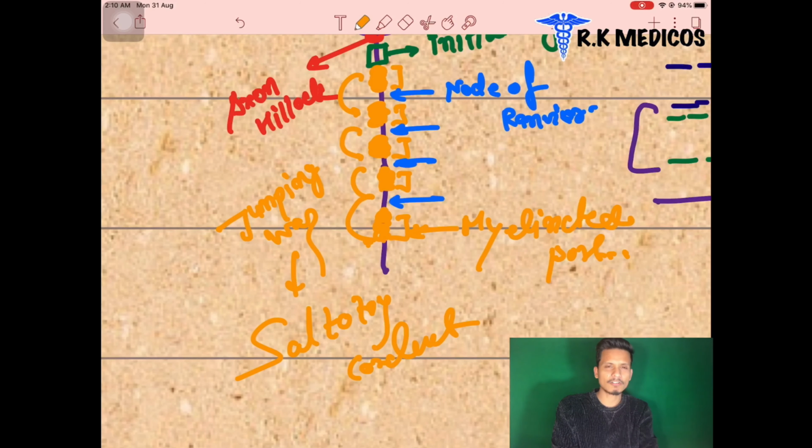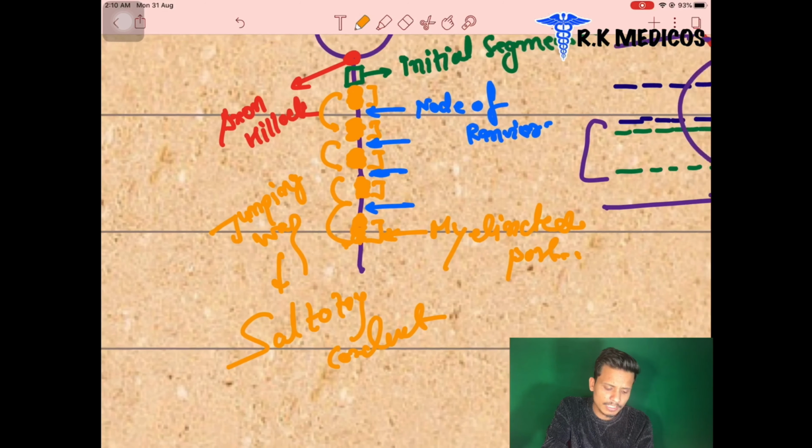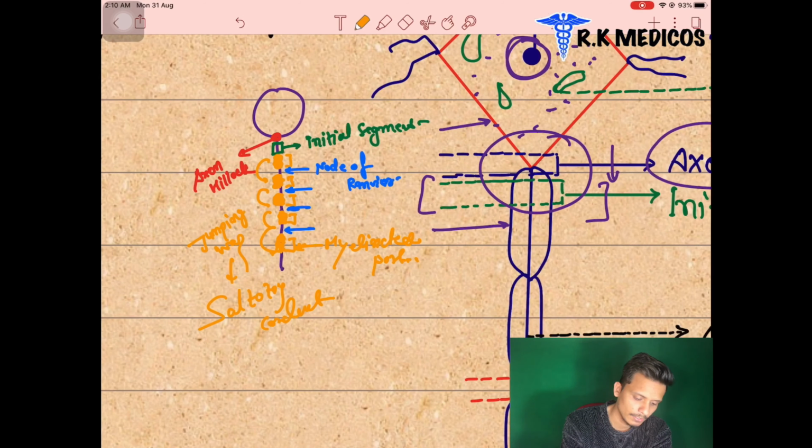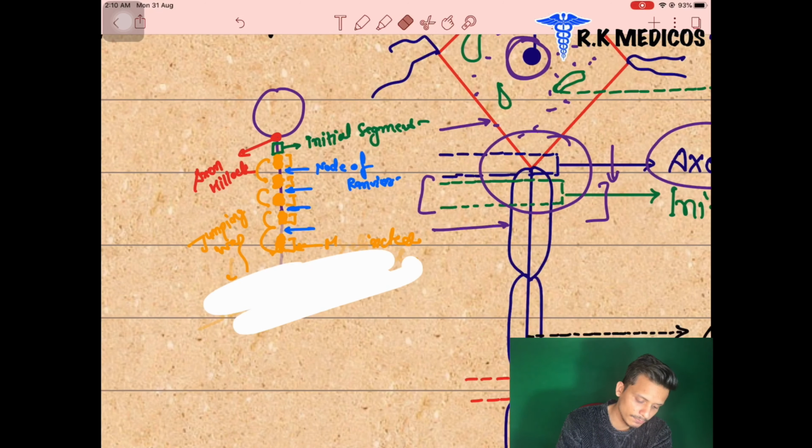That's why it is called saltatory conduction, because the myelinated area leads to more transmission and more refinement of this information. So the information goes very fast through this axon, from the axon hillock to the terminal region. That's why these myelinated neurons are very fast to convey the information from the cell body to the terminal region. That's why we can say myelinated neurons conduct the impulses faster. They conduct the impulses very fast.